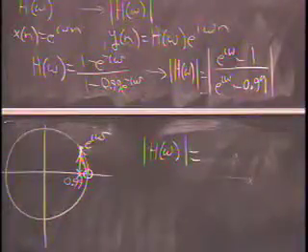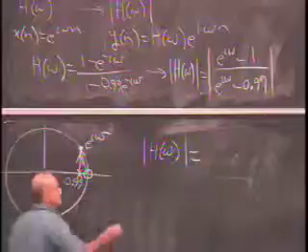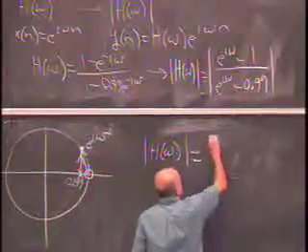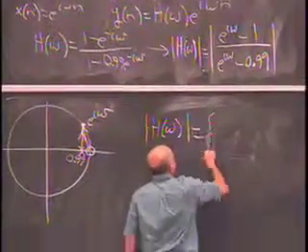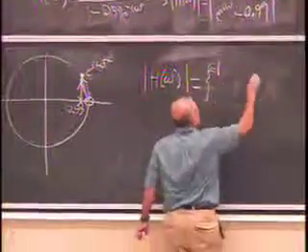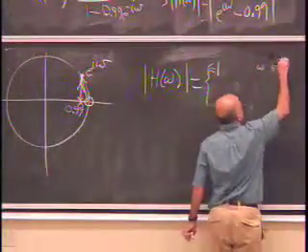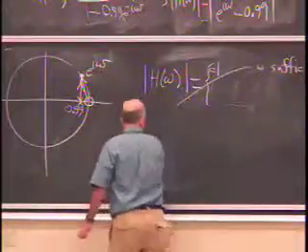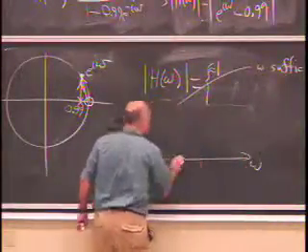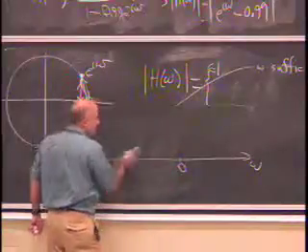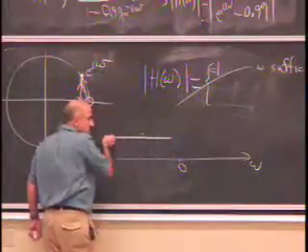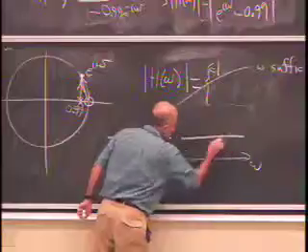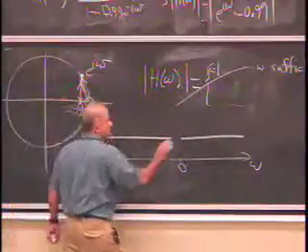They're almost equal, right? So the magnitude is approximately 1 for omega sufficiently distant from 0. Actually, instead of writing it this way, let me just plot it. So 0 here. If I'm sufficiently distant from 0, this magnitude response is 1.